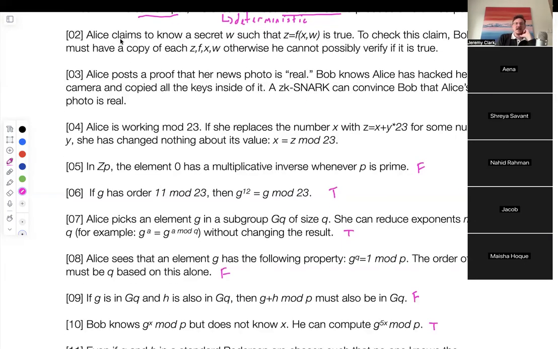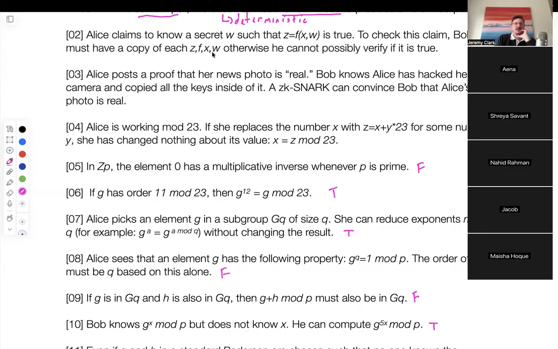Okay, the next one says Alice claims to know a secret W such that Z equals f of x, W. So there's a function with two inputs, x and W, and she's saying that this equals Z, and W is secret, so Bob doesn't know what W is. To check this claim, Bob must have a copy of each of Z, f, x, W, otherwise he can't possibly verify it's true.